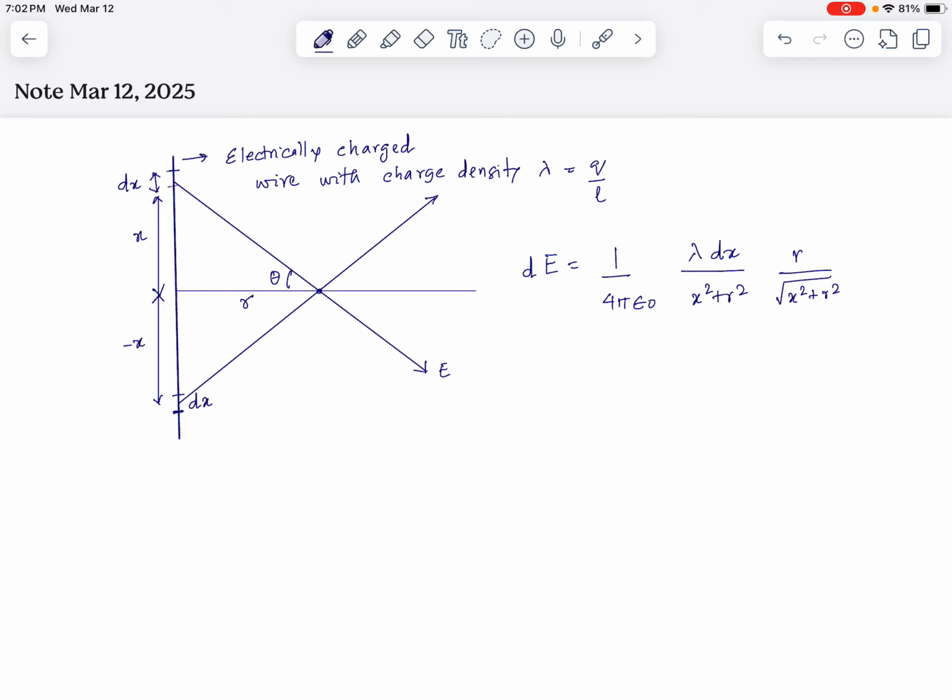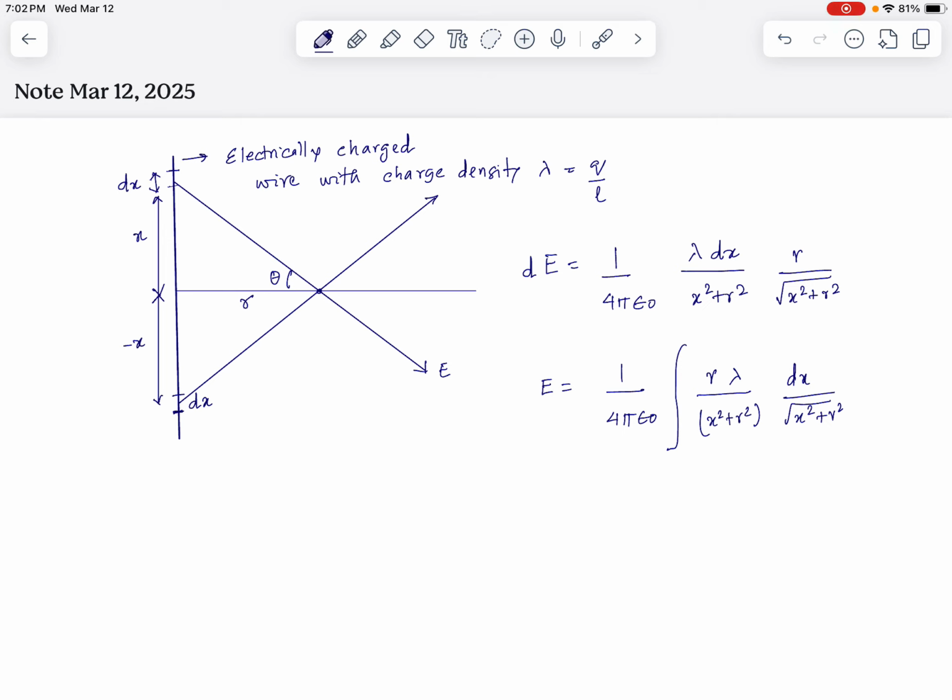If we want to find the total electric field, we will have to integrate 1 divided by 4 pi epsilon 0, r divided by x squared plus r squared, dx divided by the square root of x squared plus r squared, times lambda, and we integrate over the length of the wire.